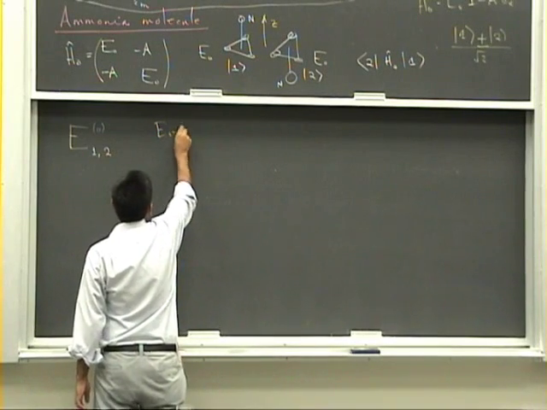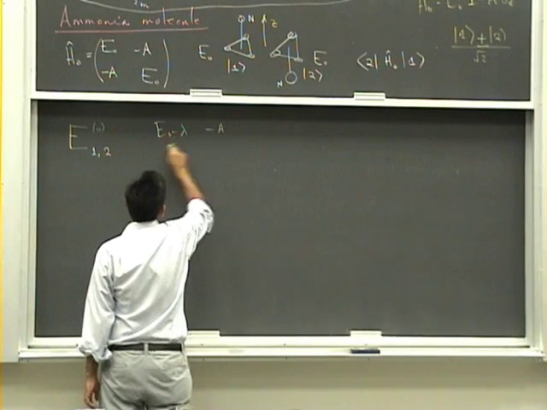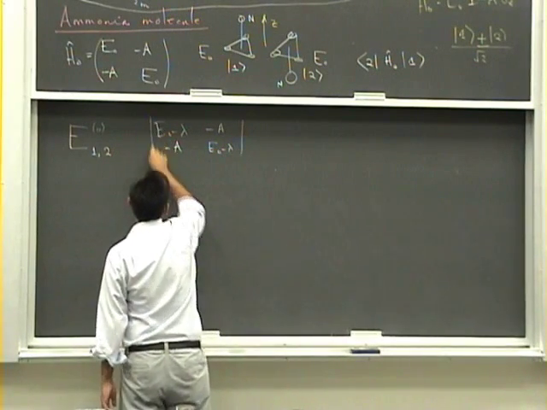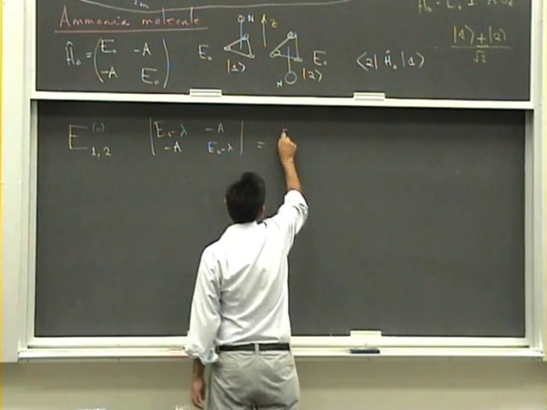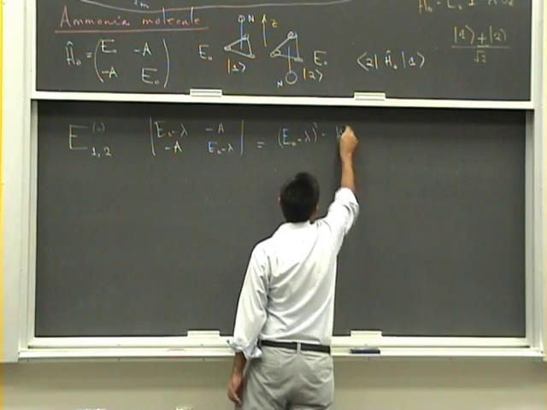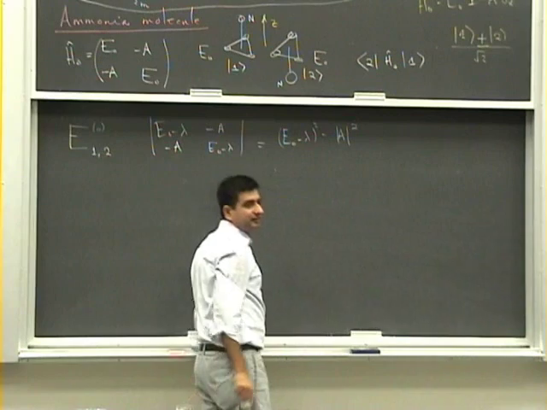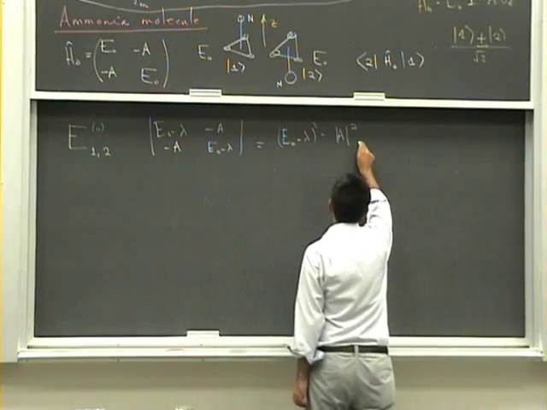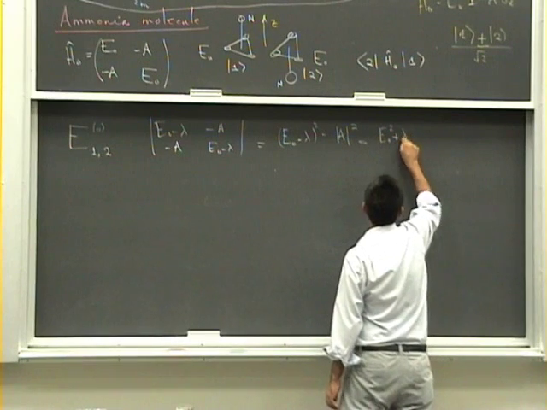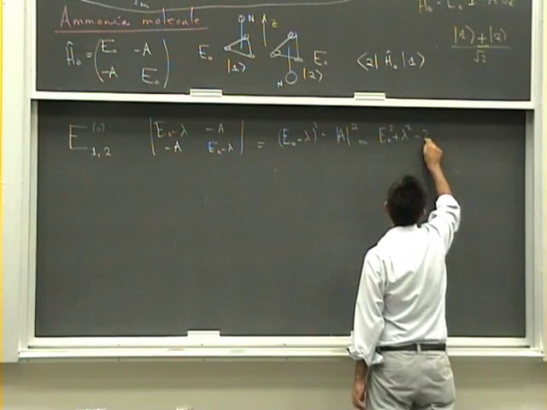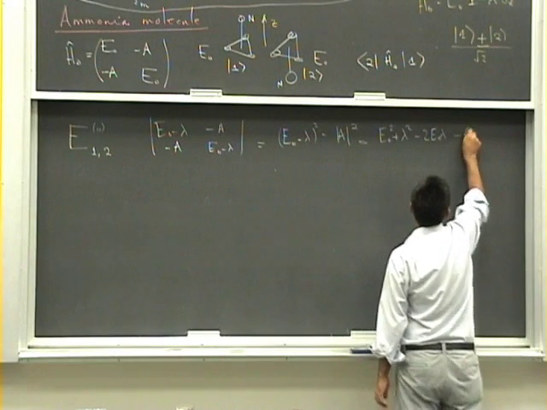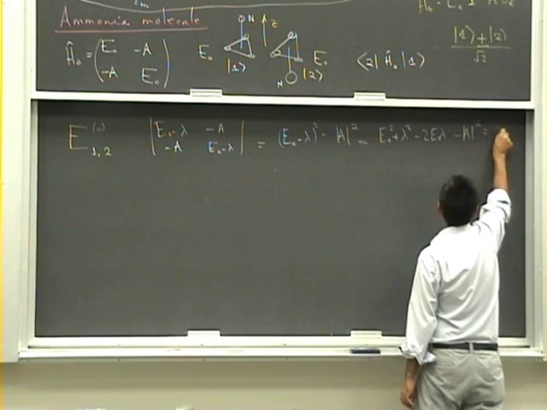E naught minus lambda, minus A, minus A, E naught minus lambda. The determinant is E naught minus lambda squared minus A modulus squared equals 0. This is E naught squared plus lambda squared minus 2 E naught lambda minus A mod squared equals 0.